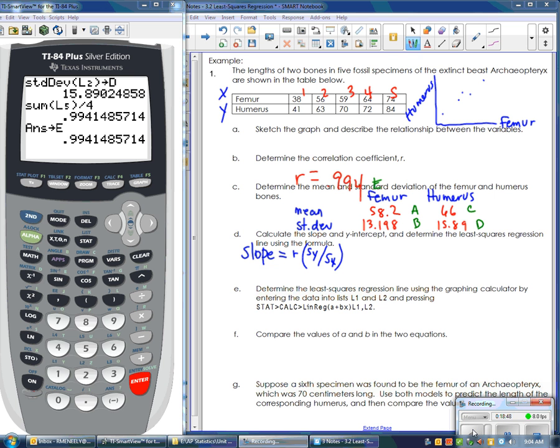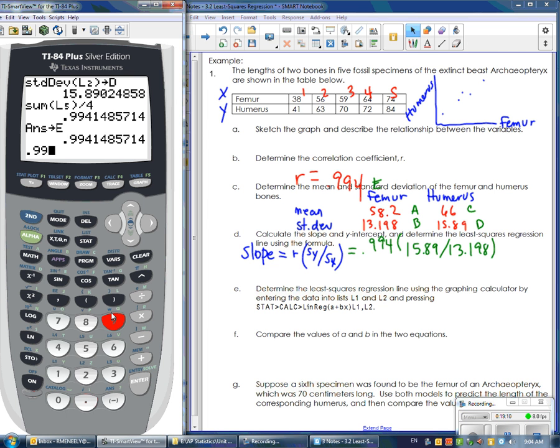And so if I plug in my values, I'm going to write this out obviously using the rounded values. My correlation coefficient we said was 0.994. When I multiply that by my standard deviation in y, that's 15.89. And I want to divide by the standard deviation of x, which I said was 13.198. Okay, let me show you what happens if I just use my rounded values.